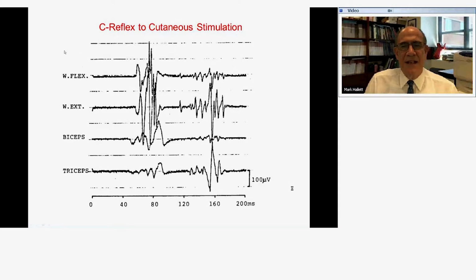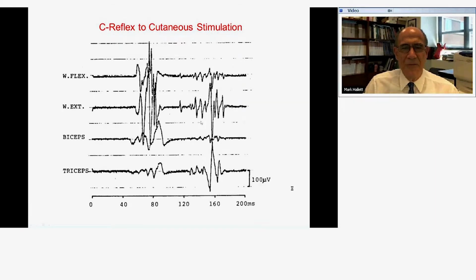Another technique then is to look at reflex responsivity, and in patients that have myoclonus, one can sometimes get sensory evoked myoclonus, and in those circumstances that's called a C reflex. C stood for cortical, although not all C reflexes are actually cortical, but that's the way it was named originally.